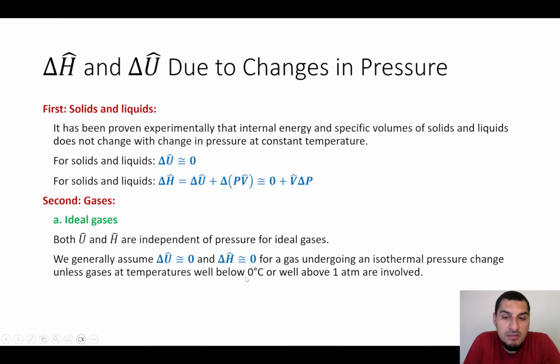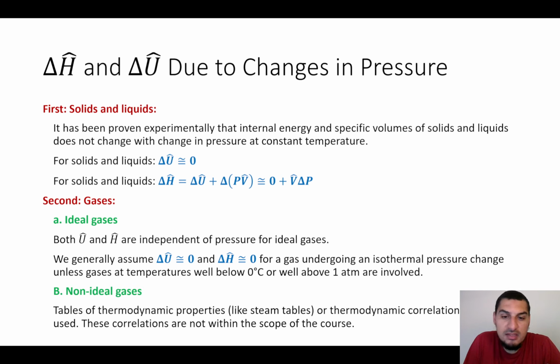Unless the temperature is very low, then we can do some calculations to calculate delta H and delta U, or if the pressure is very high, like 60-70 bars, in this case we need to find out how this will change, because in this case it's not going to be an ideal gas. So this is something that we can expect.